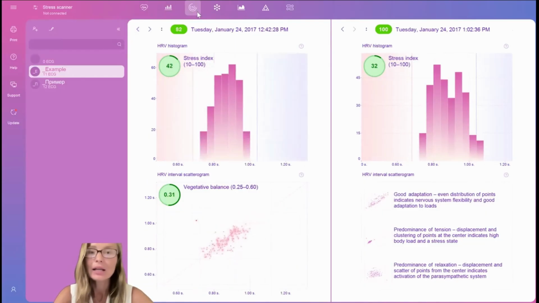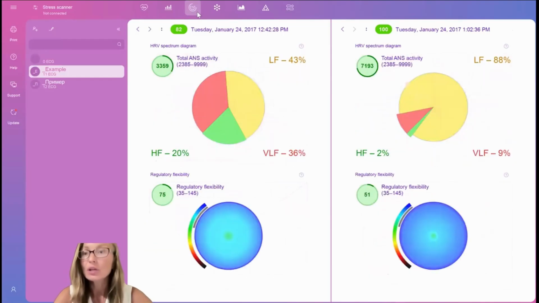The next indicator is the overall activity of the nervous system. Essentially, its total power, which is how it functions. The higher its activity, the faster, literally in fractions of a second, it can transition from a state of relaxation to calm and back again.